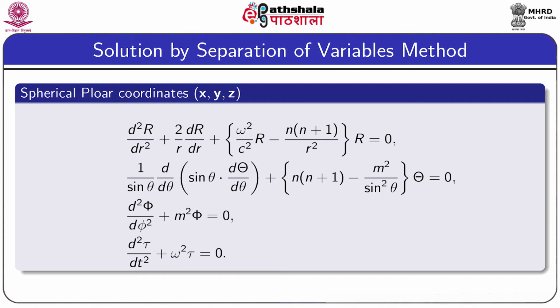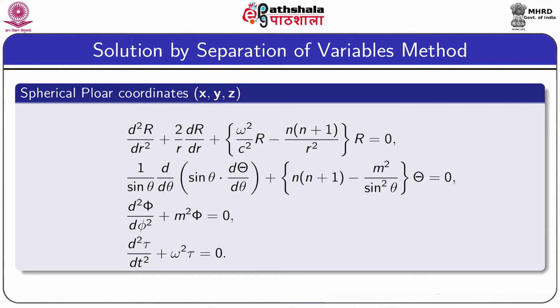And if you look at the phi equation, the solution is also a linear combination of sine function and cosine function. So, capital phi is equal to C phi cos m phi plus C6 sin m phi.